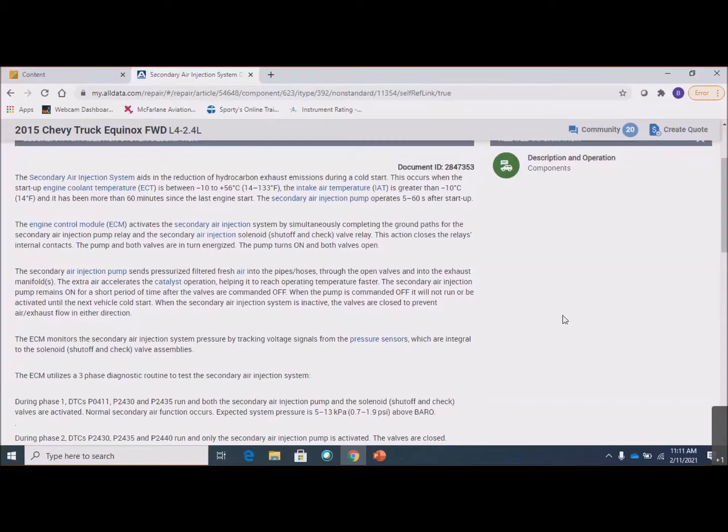Its purpose in life is to speed up the catalytic converter getting to operating temperature. When a catalytic converter is cold, it doesn't do anything. It doesn't work. So to get it hot, what they do on some vehicles, not all vehicles have secondary air, they blow air into the exhaust ahead of the catalytic converter, and that makes it heat up faster.